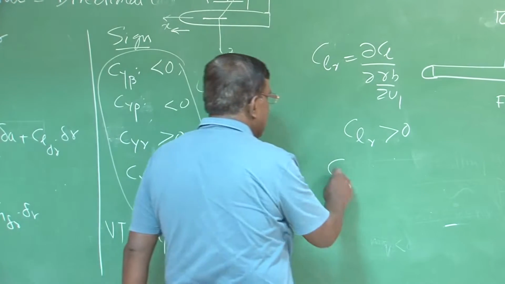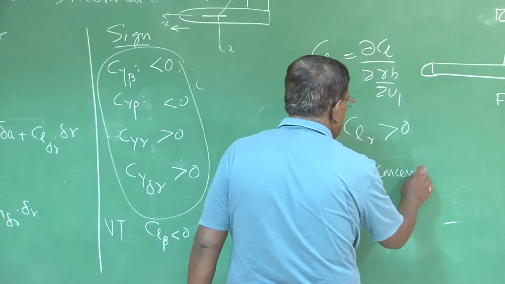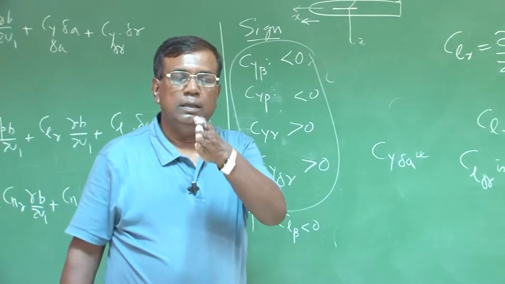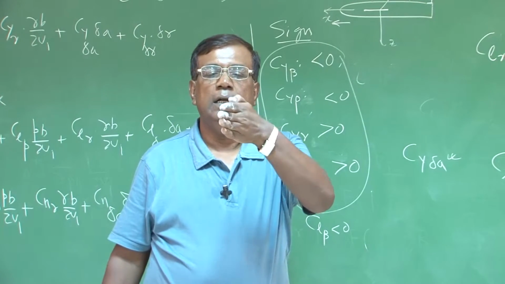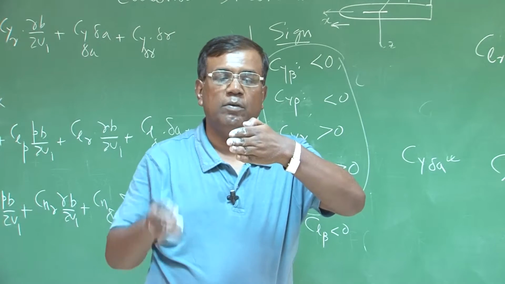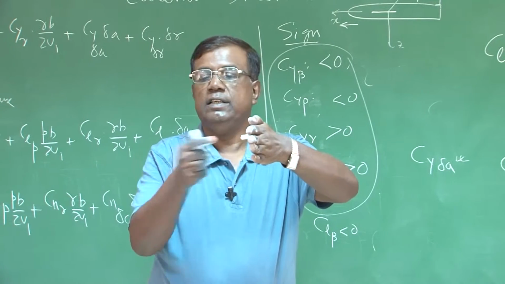But as far as CL delta R is concerned, you know that delta R, if this is the rudder, positive is this, towards left looking from the top, and I am moving forward. As I deflect like this, force will be in this direction.